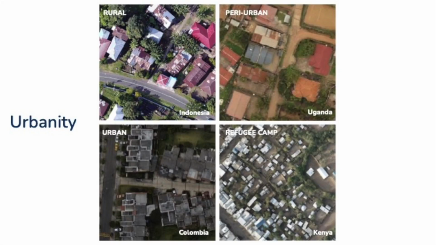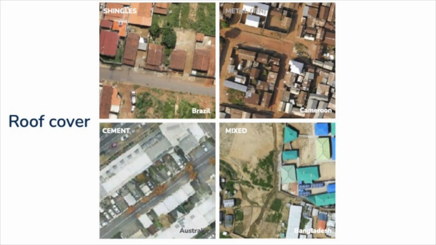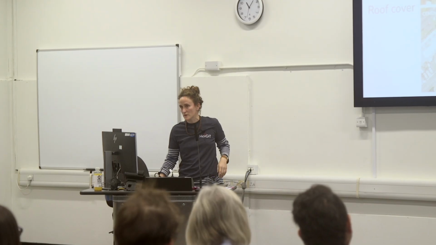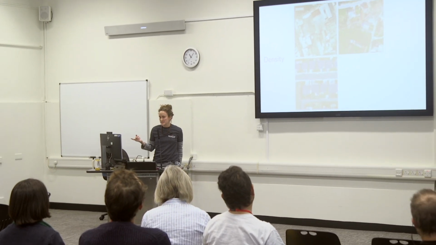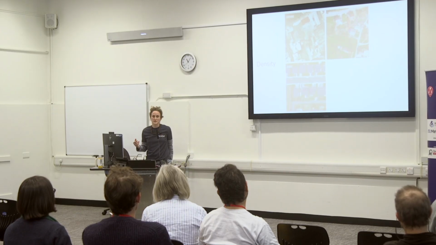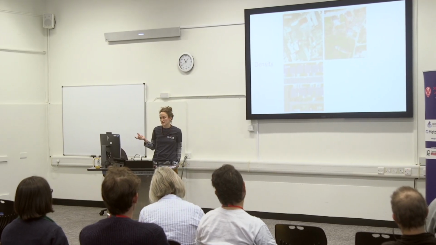So I consider 3 different categories. Level of urbanity, so we have rural, peri-urban, urban, and refugee camp, which I consider a different class. Then roof cover types, so I found 4 different classes, which are shingles, metal, in general a thin cover, cement, and a mix where it didn't fit any of the other classes. And this is the category which I found was more interesting for RAMP, and which was affecting the results.